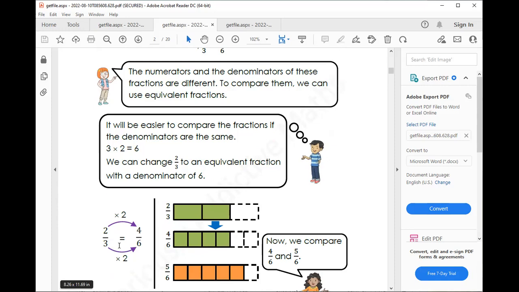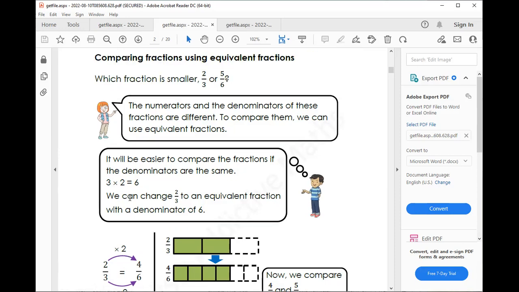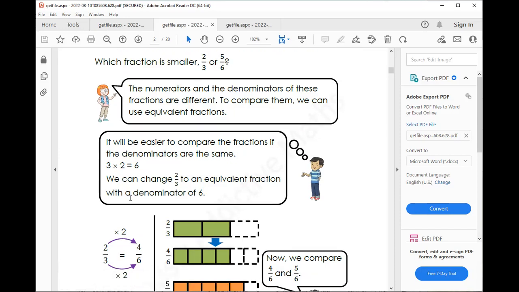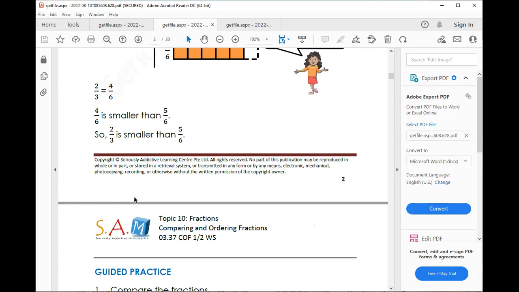That means you have to convert 2 out of 3, you need to make sure there's a denominator of 6. How do you turn 3 to 6? You multiply by 2, and when you multiply by 2 below, you've got to multiply by 2 on top. Then you have 2 out of 3 equals 4 out of 6. And then you can compare easily. 5 out of 6 is greater in that sense. 4 out of 6 is smaller.